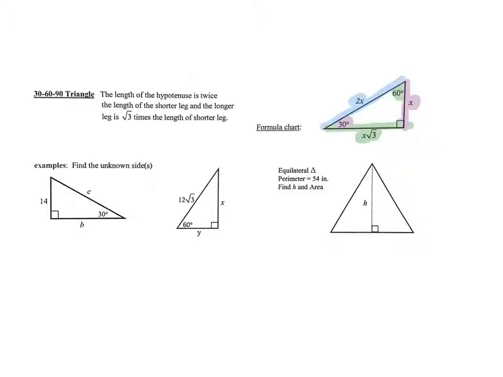So we take a look at our first example. We have our 30-degree angle. It is a right triangle because we all see the 90 degrees. Across from the 30-degree angle is our short side, and we see that our short side has a value of 14. So in terms of our formula, x is equal to 14.